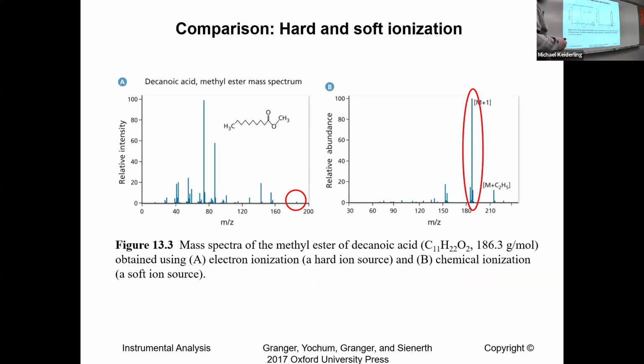So here's the same substance with a hard source and with a soft source. You can see the soft source has a big peak at M+1 and M+, but the hard source has no peak at the mass.